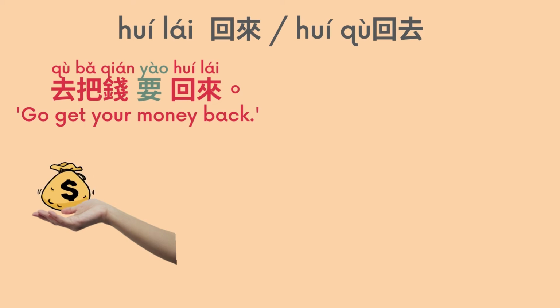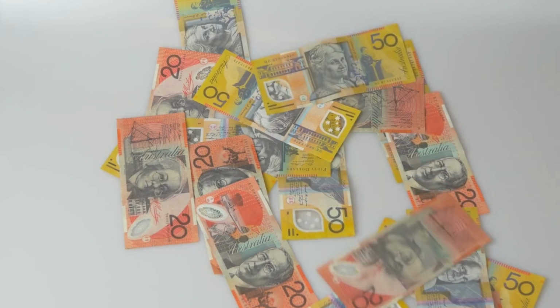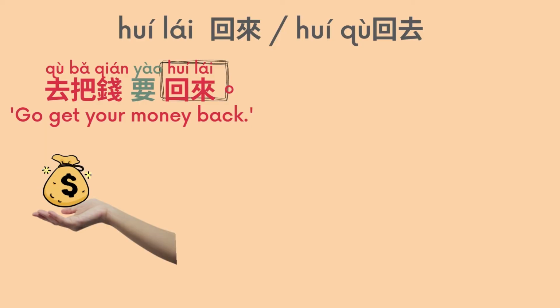The extended usage of 回来 is to describe the return of something, concrete or abstract, to its original location. For example, 去把钱要回来. Go get your money back. 要 is the character which comes before 回来. 要 is a verb that means to ask for or want.